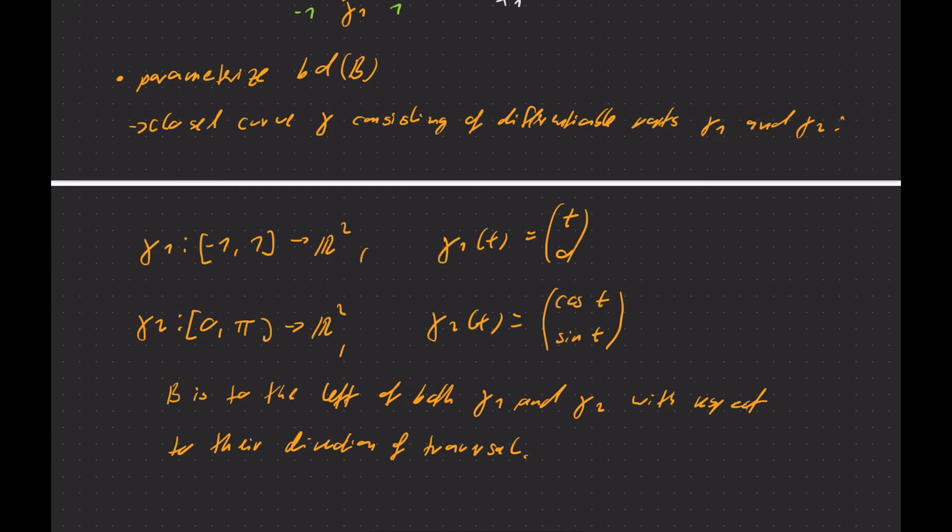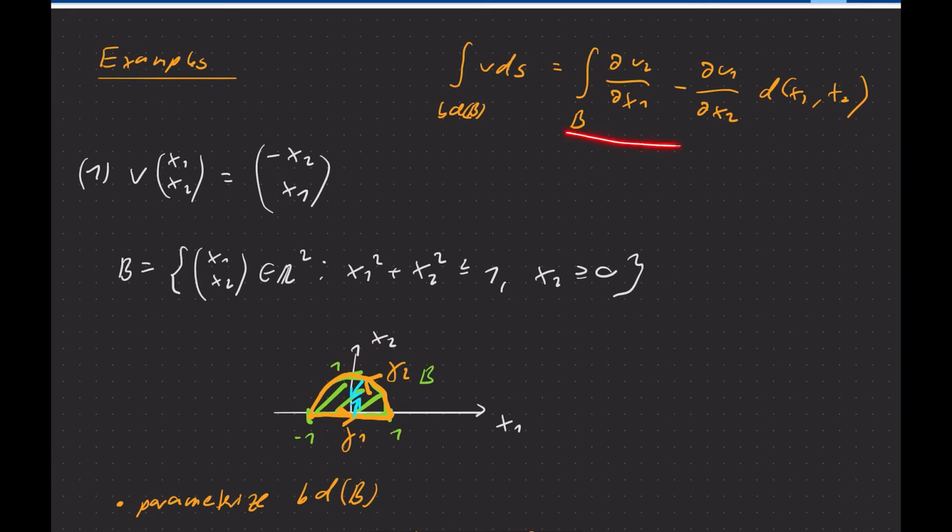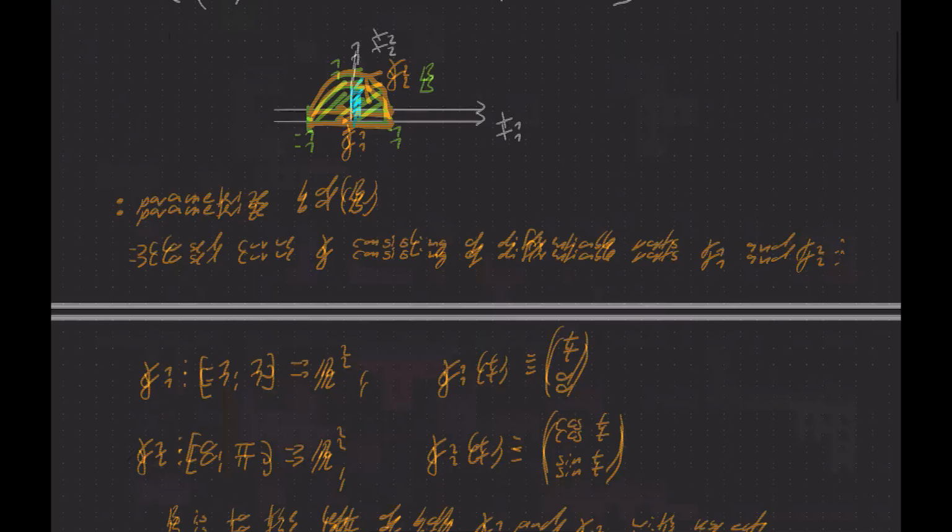Had that not been the case, you would have had to flip one or both of these curves appropriately. Okay, so that means we have the two curves. We can now compute this volume integral by computing the integral over the vector field along the boundary of B. So that means we can now apply Green's theorem.